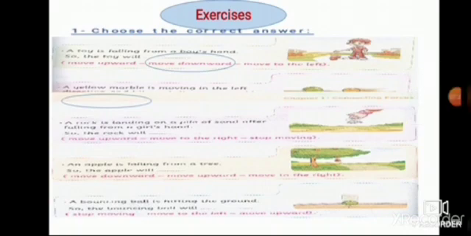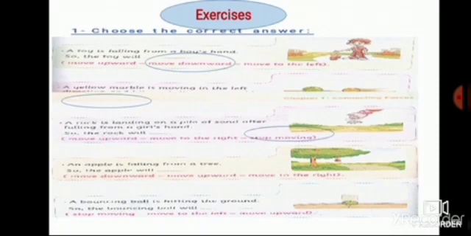Number 3, a rock is landing on a pile of sand after falling from a girl's hand. When it falls on the sand, what will happen? Yes, it stops moving. Number 4, an apple is falling from a tree.